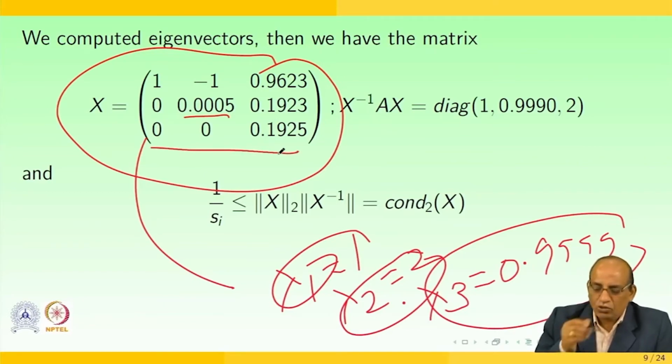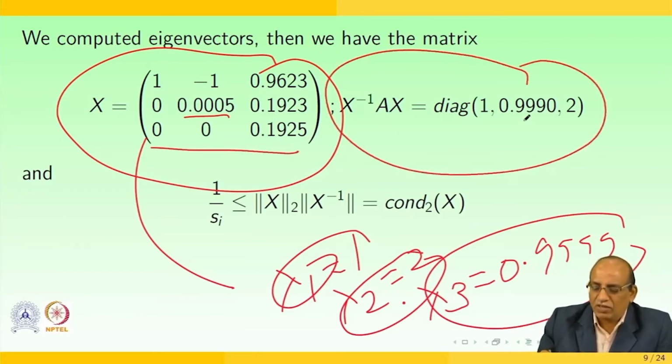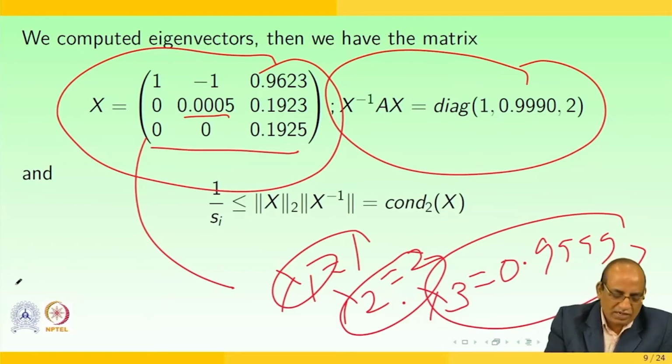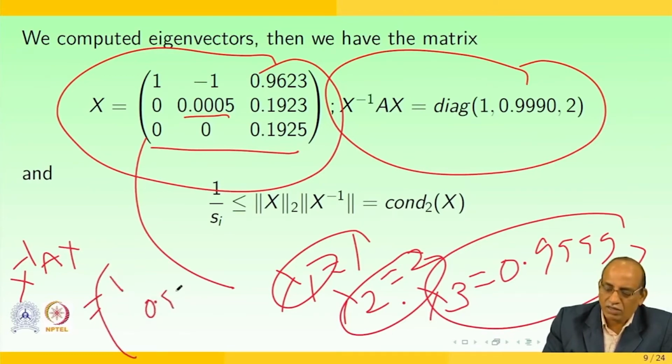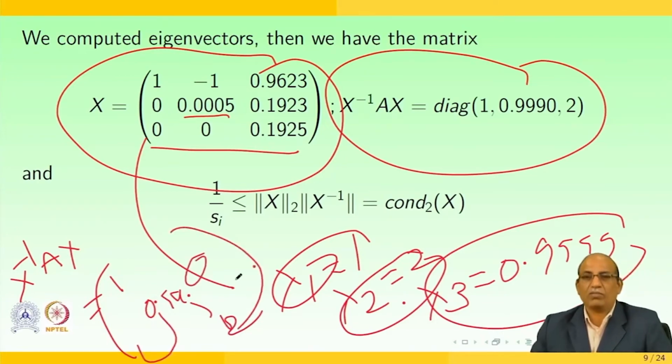You get x. So I can write x inverse A x is equal to the diagonal entries, that is, diagonal of 1, 0.999, 2, like this you do get. This is the matrix I get using the computed eigenvalues.